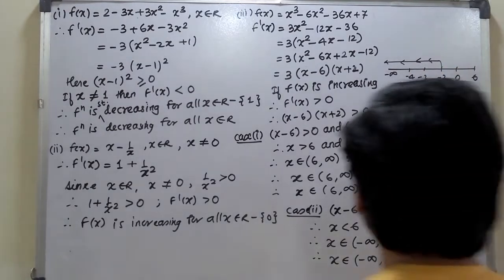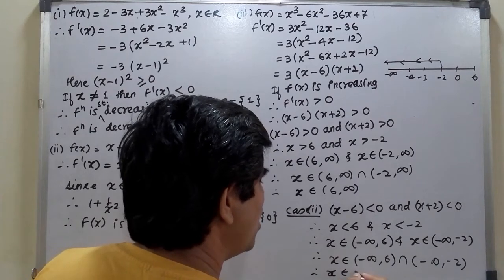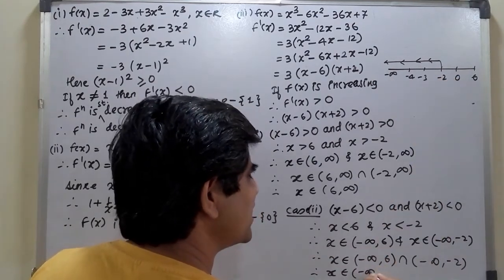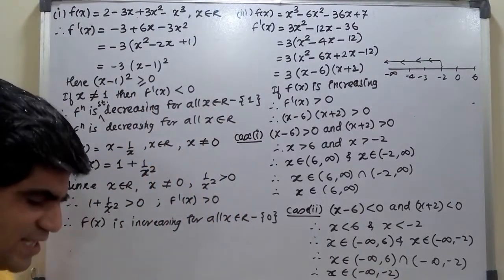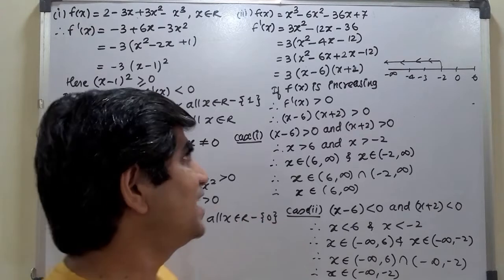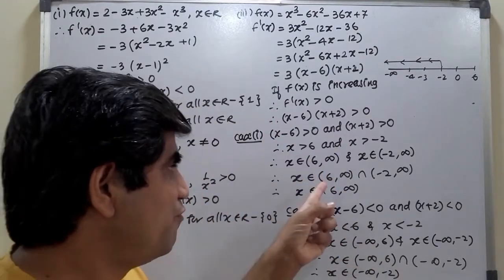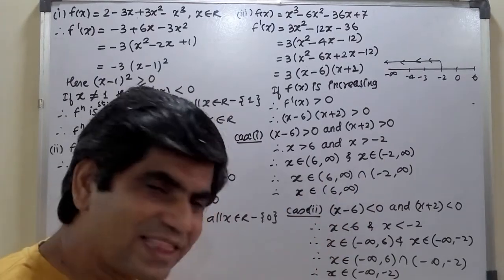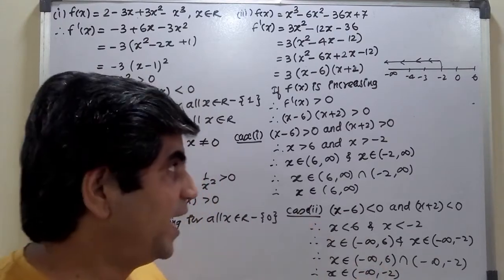So obviously your x is here belonging to this particular interval, that is minus infinity to minus 2. So I can say either this function must take the values which go from 6 to infinity, or take the value from minus infinity to minus 2.